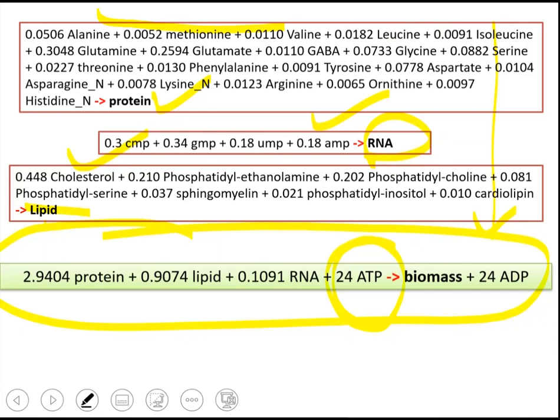Because in the reaction list we have already compiled, we already have alanine formation reaction, methionine formation reaction, cholesterol formation reaction, arginine formation reaction, phosphatidylethanolamine formation reaction, the formation of those nucleotide structures also. So we already have all those formation reactions, and by adding those reactions, we link all those reactions to the synthesis of macromolecules and the growth of the cell, the biomass reaction.